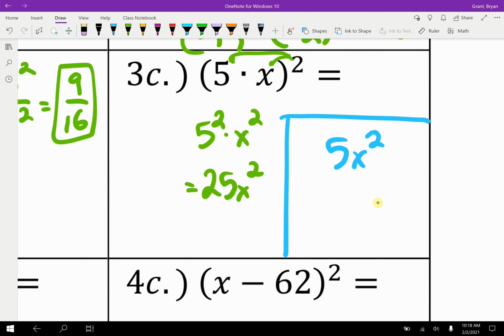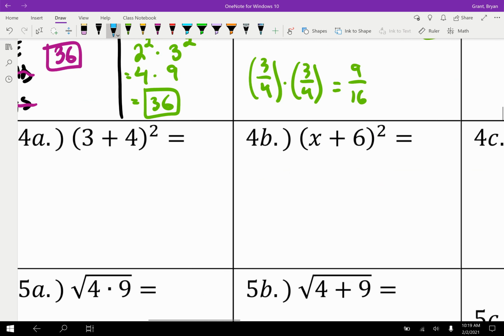No, it's not. If it's 5x in parentheses squared, then yes, that is 25x squared. But if it's just 5x squared like this, the square is only attached to the x. This 5 actually has an invisible 1 if you want, because it's 5 times x squared. But we need to make sure that we don't say 5x squared like, oh, we distribute the square, only if there's parentheses.